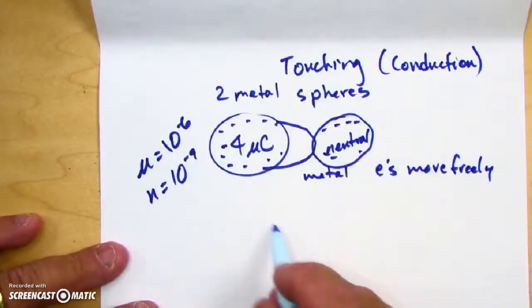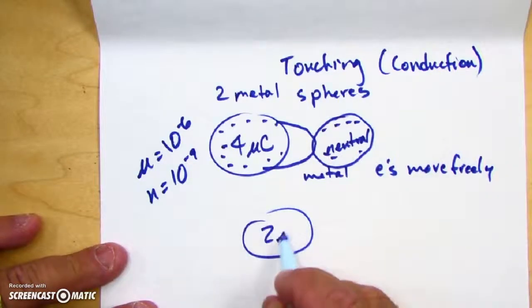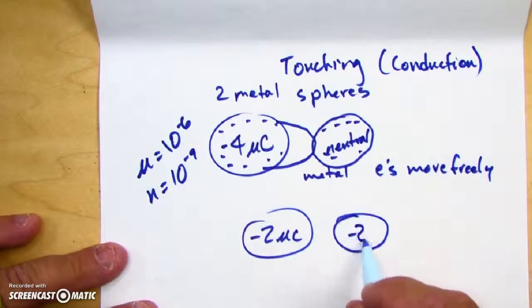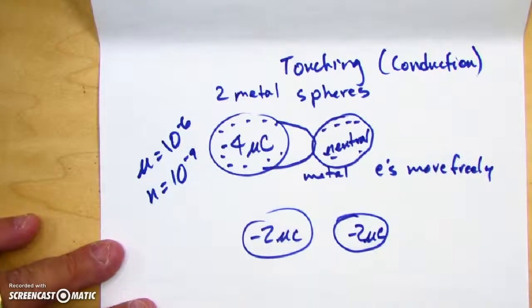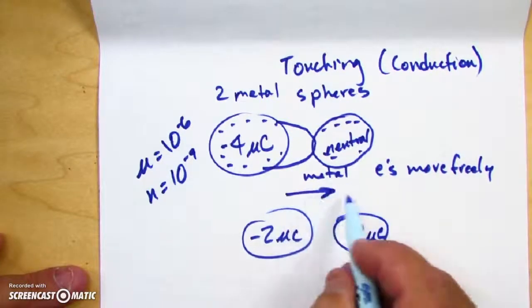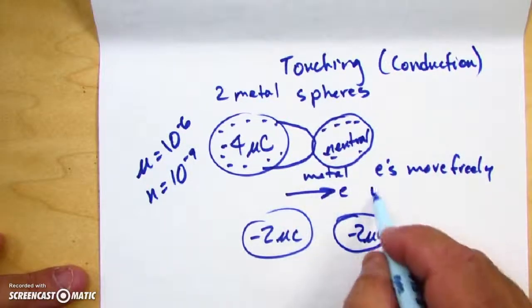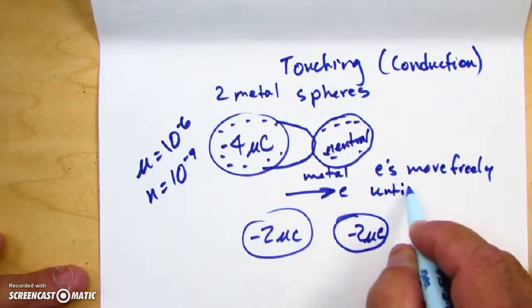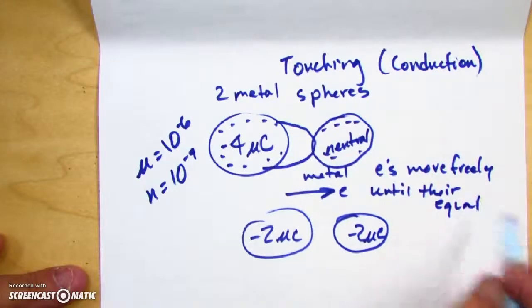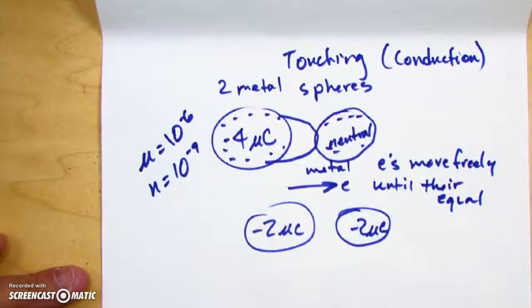If I then separate it, what I have is negative 2 microcoulombs here and negative 2 microcoulombs over there. So I bring them together. Electrons are going to flow that way until they're equal. In reality, there's probably some localized electrons moving back and forth when they're touching. Now, as soon as they're not touching, it's then going to split out equally.